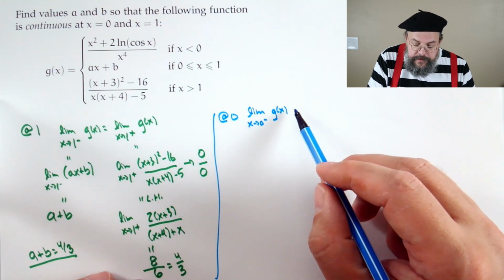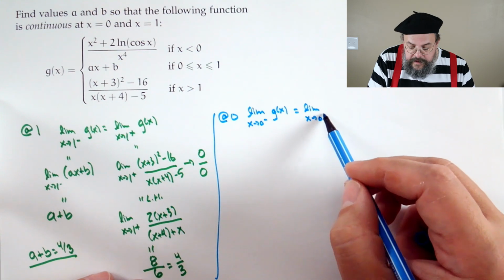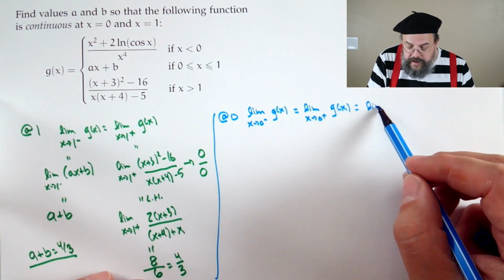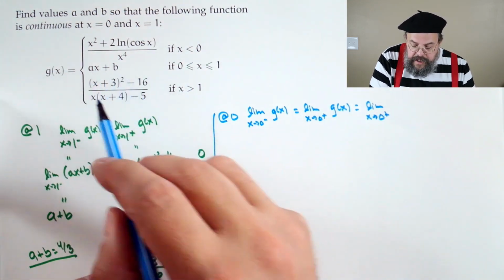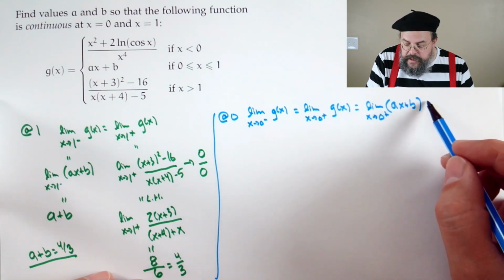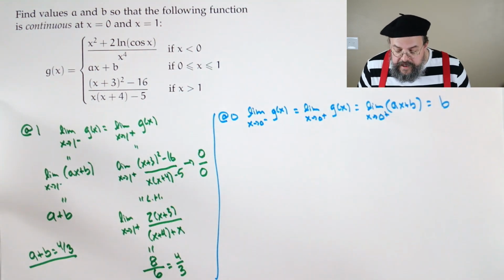So the limit from below has to match the limit from above. Now the limit from above is pretty straightforward. That's the limit as x goes to 0 of ax plus b, and you plug that in, that's b. So we've got that all worked out.